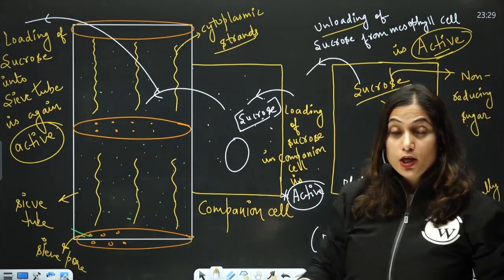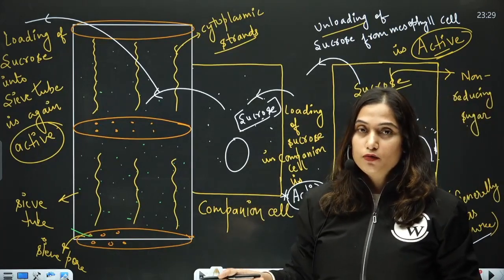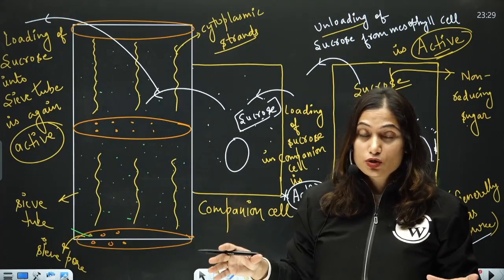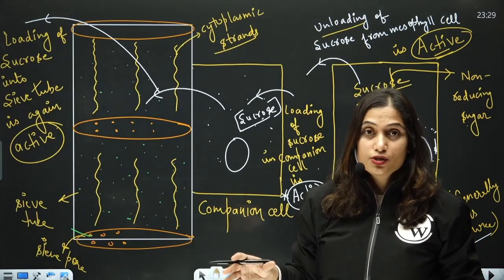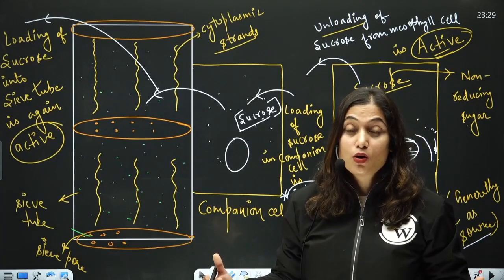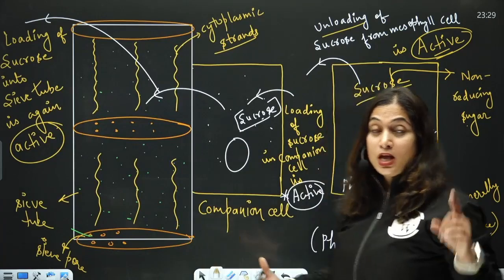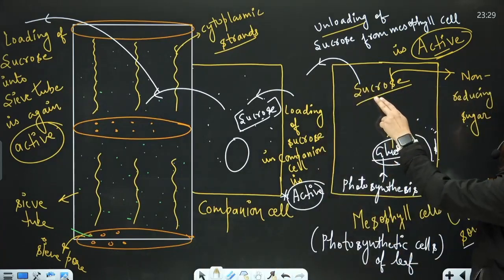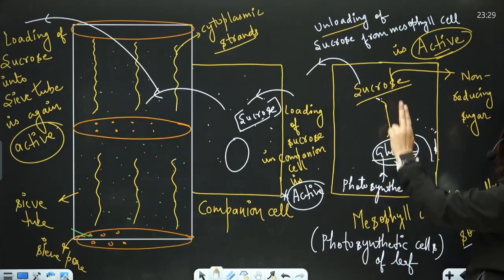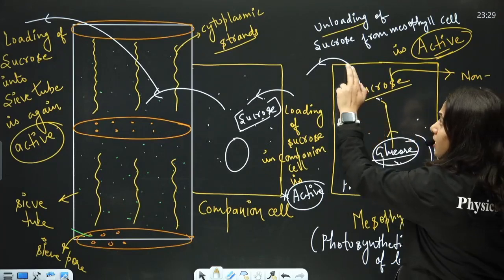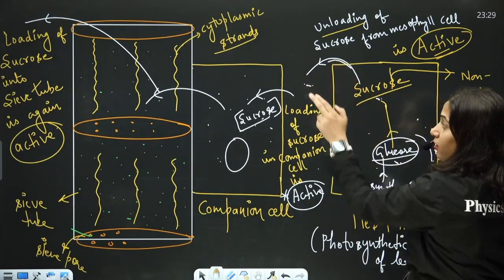Now remember, the food is not translocated in the form of glucose, because glucose is a reducing sugar, a reactive sugar. So first it has to be changed into sucrose, because sucrose is a non-reducing sugar. So the first step is glucose is converted into sucrose inside the mesophyll cell. Then this sucrose comes out of the mesophyll cell.